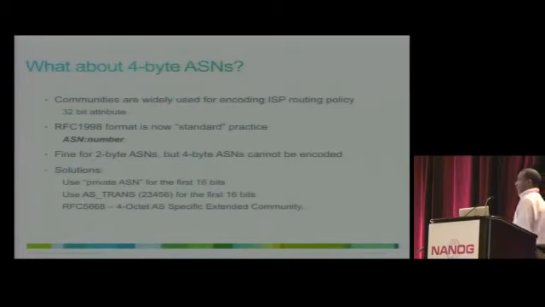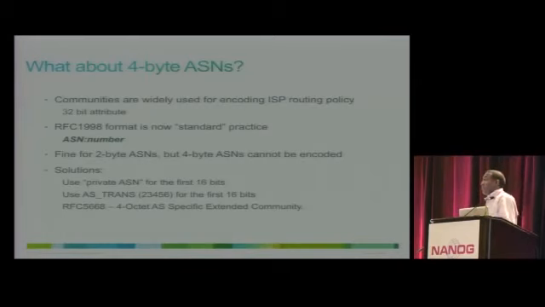Okay. Now, earlier we said that communities are usually numbered using a colon notation, AS number followed by a specific community value. But this assumes, again, that communities typically are 32-bit.